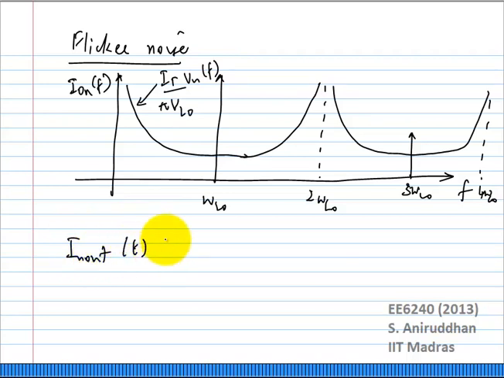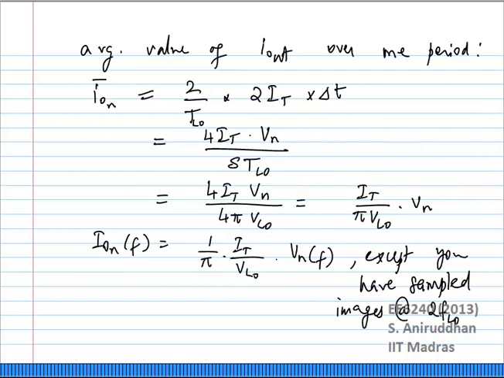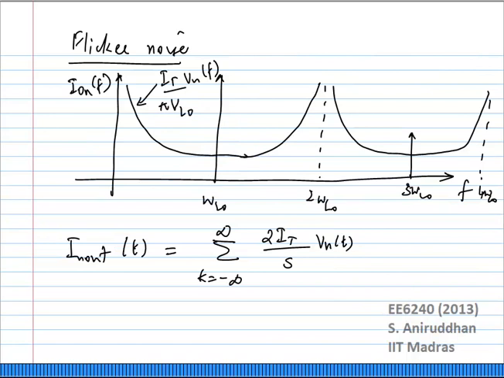So if you were actually to write it out in terms of the pulse train, I out of t, the total value, is the sum over k equal to minus infinity to infinity of 2 IT by S, Vn of t times delta of t minus k T LO over 2. This is the pulse train in the time domain.